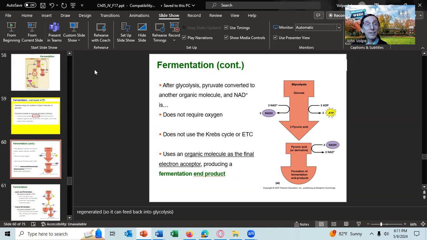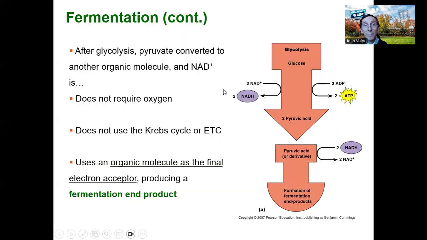Why in fermentation would the cell use up this NADH instead of saving it and waiting until aerobic respiration can happen, like in your muscle cells, which can engage in lactic acid fermentation, by the way.